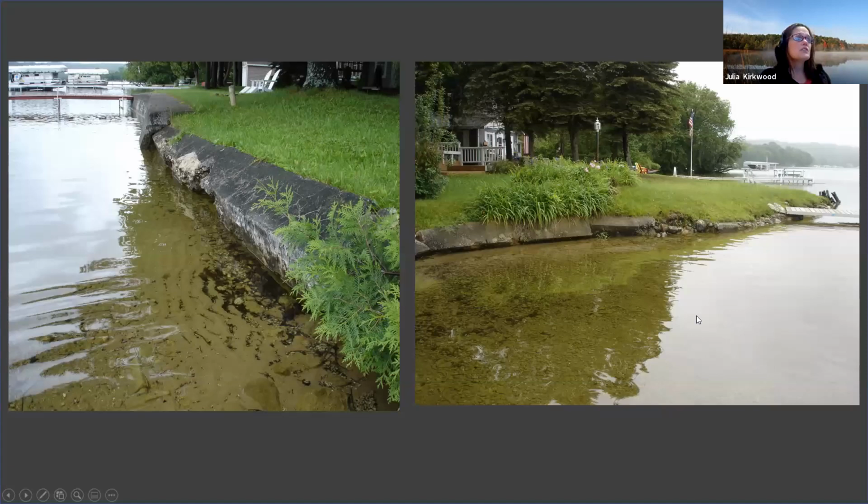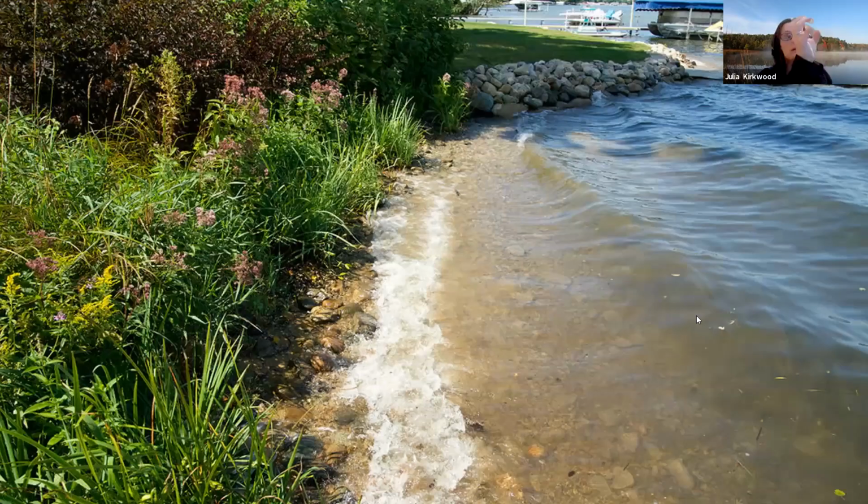So this is the after picture. Where you see all of that rock riprap is that second property that was out on the point, and they decided to take their seawall and put in what we call dump the rock. So basically you just take rock and dump it at a certain slope.